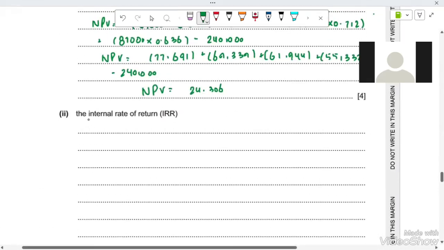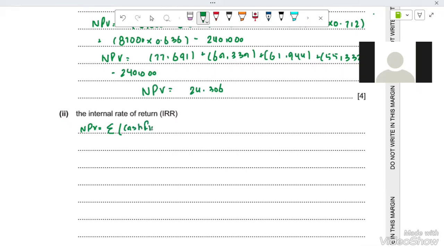NPV is equal to the summation of cash flow over (1 plus r) to the power t, minus initial investment.